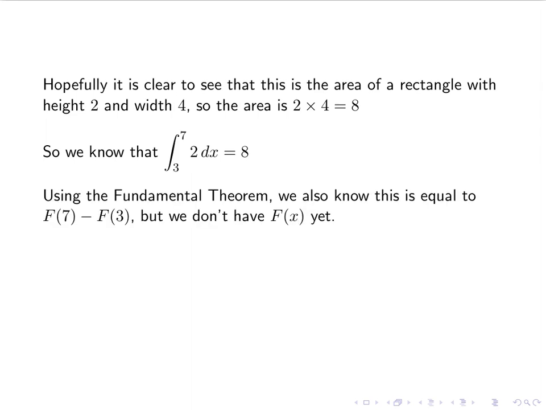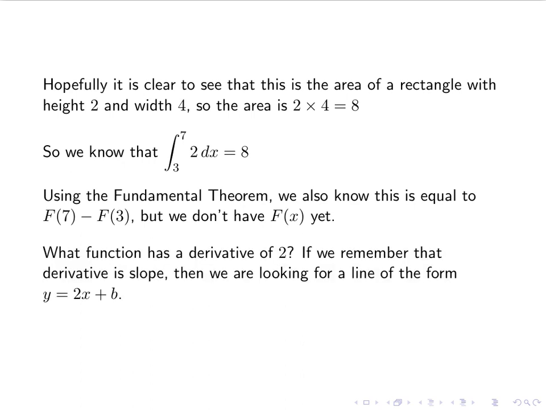So what we want to do is use the fundamental theorem of calculus. We know that 8 should be capital F of 7 minus capital F of 3, but what is capital F of x? I want the function whose derivative is my integrand, which is 2. So whose derivative is 2? We go back and think about the fact that derivative is slope. So we're looking for a function whose slope is 2.